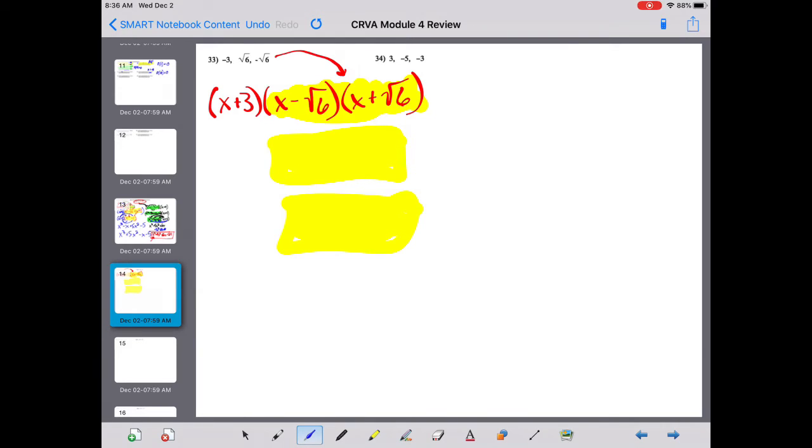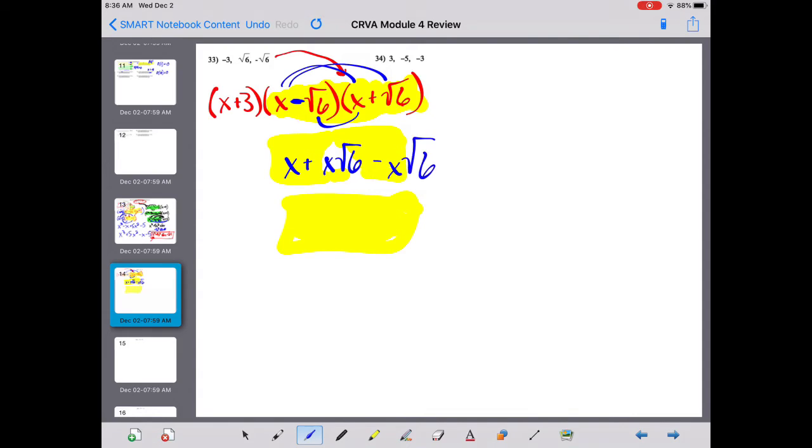So, I'm going to distribute the x, so we get x, and the square root of 6 times x. Make sure, you know what, that's not a good idea. I'm going to write x square root of 6, because we don't want that x to look like it's inside of there. Then distribute the negative square root of 6 through. See that negative, folks?